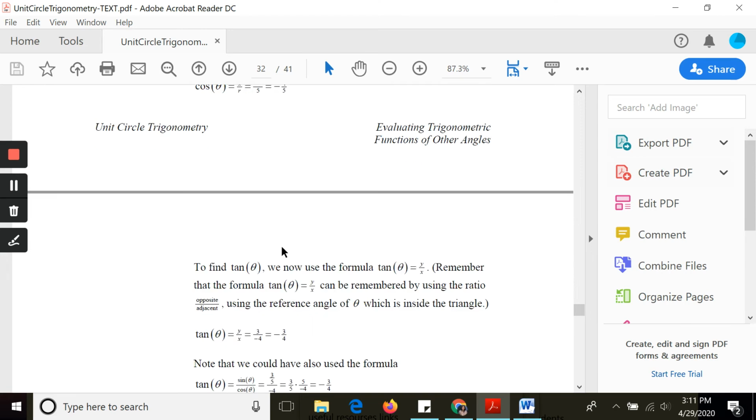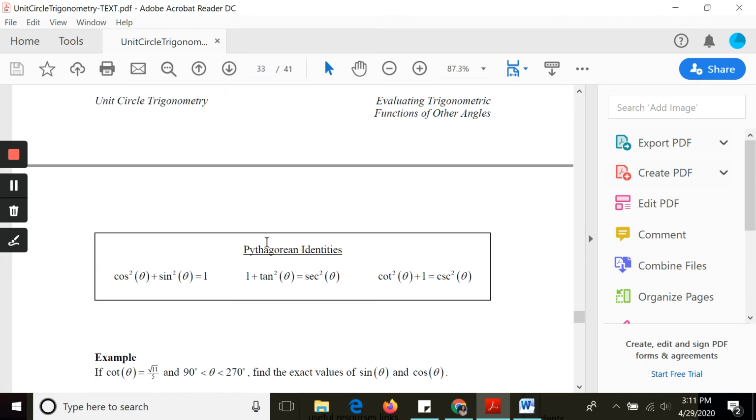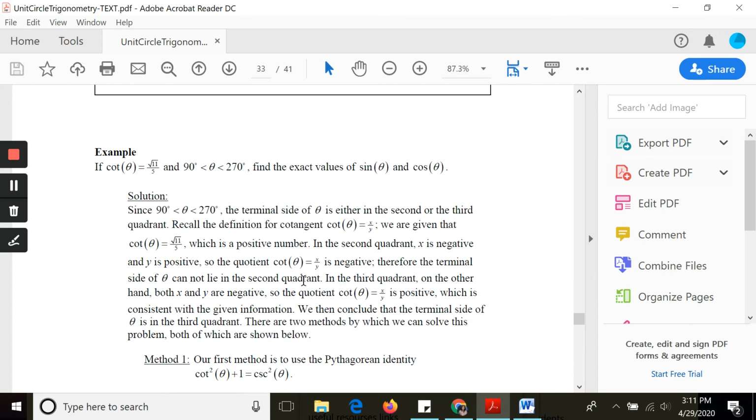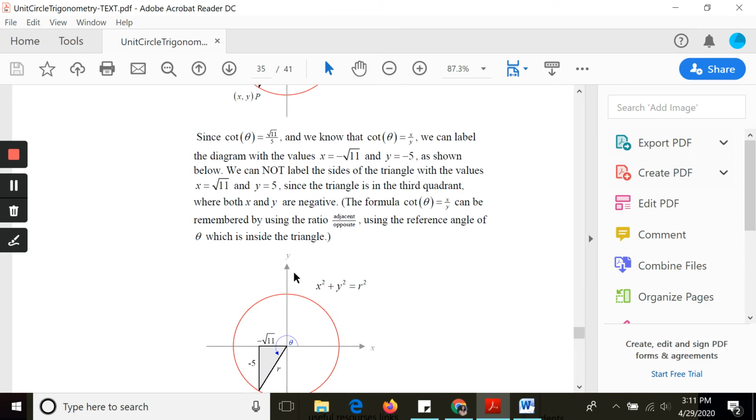Since we are just dealing with sine, cos, and tan, I'm not going to emphasize them more, but I'm introducing them so that those who are challenging themselves can use them. So 1 plus tan square theta is secant square theta, and cot square theta plus 1 is cosecant square theta. But we'll mainly be using sine, cos, and tan in the questions, even in the trig equations. So now I'm going to move to the graphs of sine, cos, and tan.